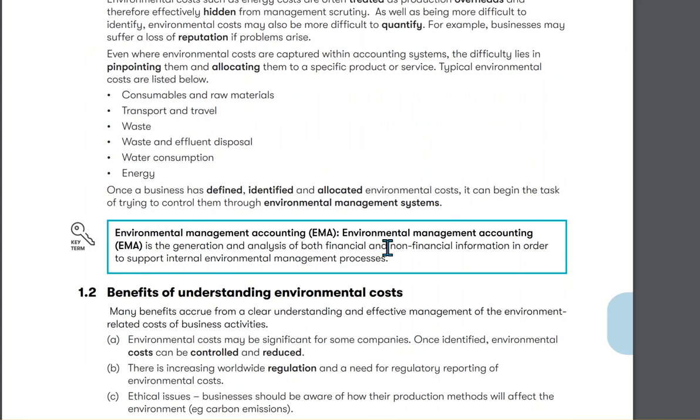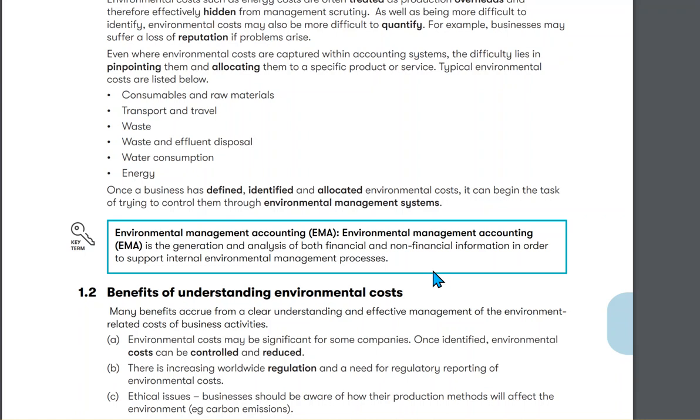Then we have environmental management accounting. F2 is management accounting, so environmental management accounting becomes specific environmental accounting. It is generating an analysis of both financial and non-financial information in order to support the internal environmental management process. Remember, in management accounting, it is not just financial information, which is the money that has gone in the waste.